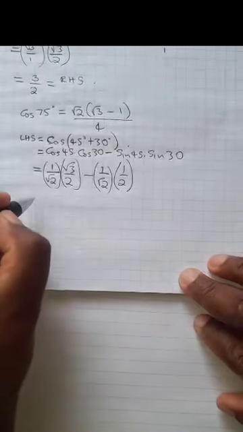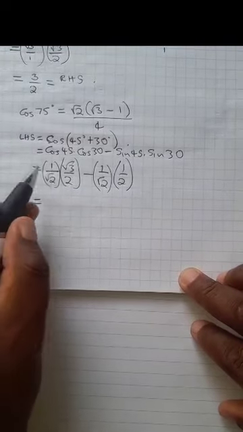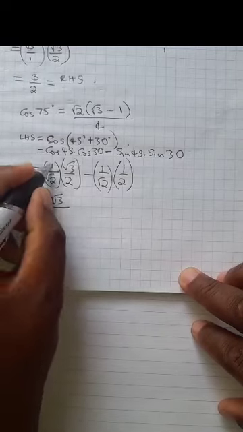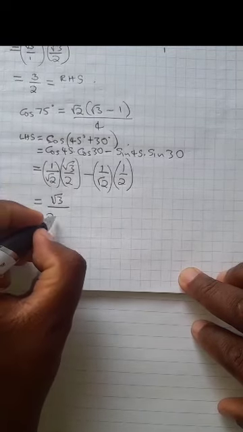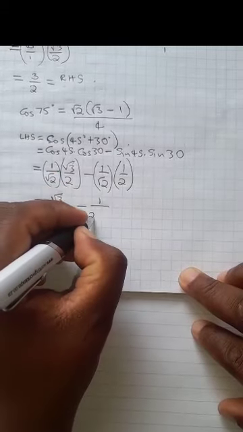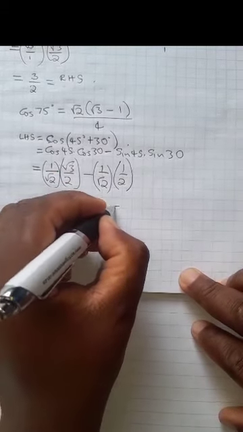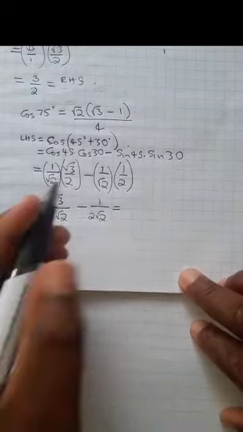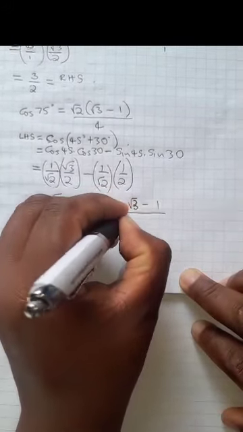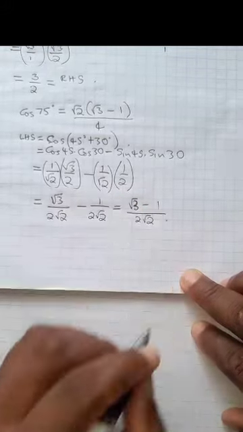This is going to be equal to root 3 over 2 root 2 minus 1 over 2 root 2, which when you put together the denominators is just root 3 minus 1 over 2 root 2.